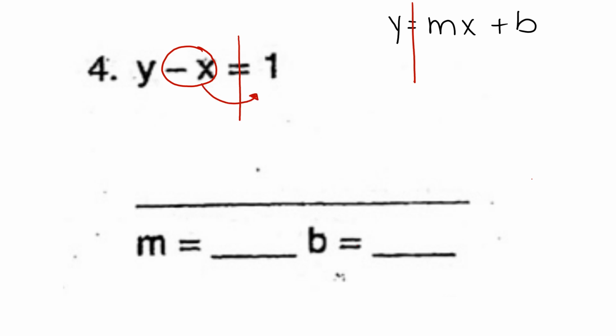When you move a negative x, it changes to a positive x, and we know that is a 1x with that variable. So our equation is y equals a positive 1x, and then a positive 1 at the back. Our m value, the slope, is the positive 1x, and the y-intercept, the b value, is the plus 1 at the back of the equation.